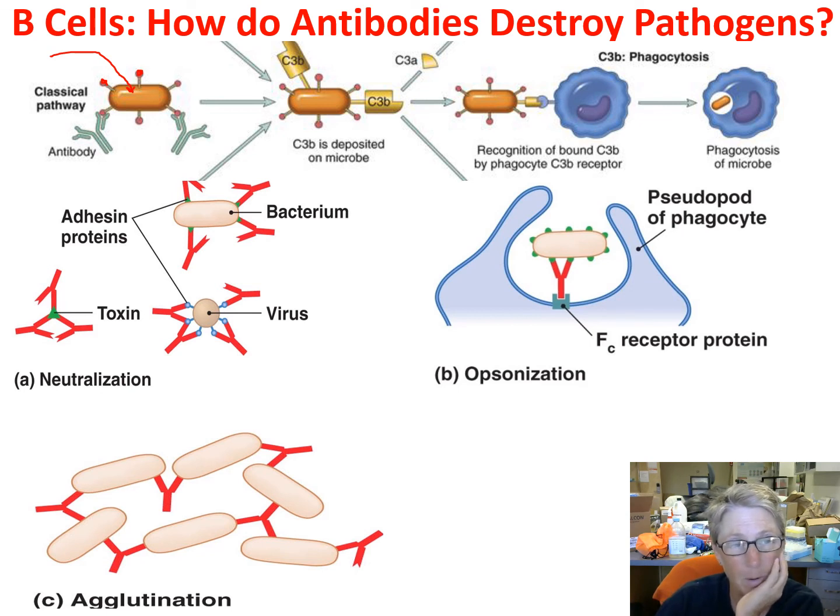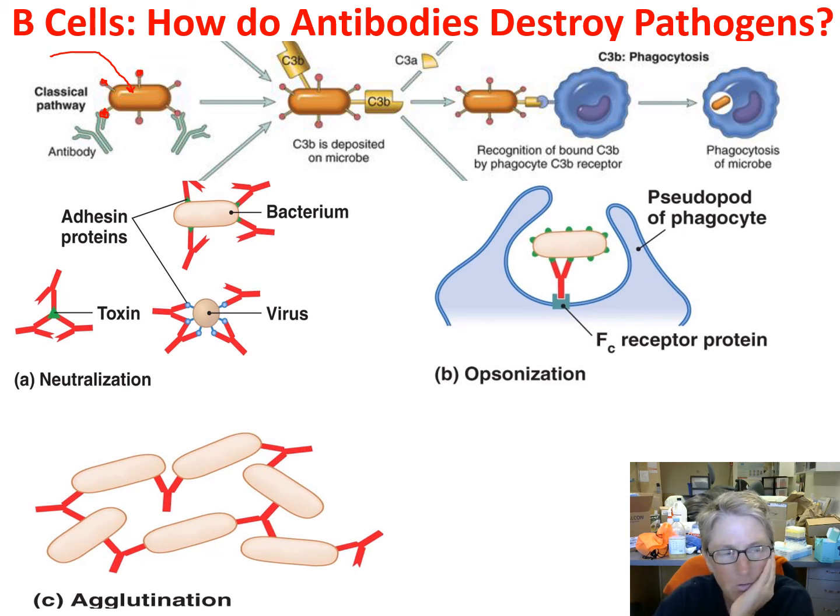The antibody binds to the epitope on the microbe, and that starts this complement cascade that leads to a lot of different pathways, including enhanced phagocytosis by macrophages, and also these complement proteins can punch a hole in the microbe.